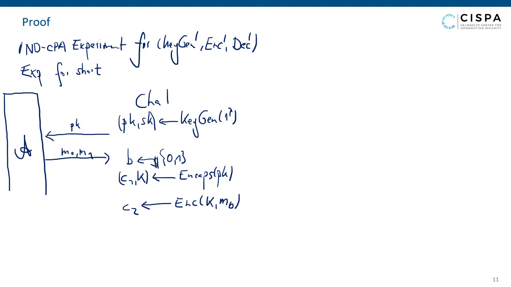So next, we give this ciphertext c, which just consists of c1, c2, to the adversary A. And the adversary A outputs a guess b'.